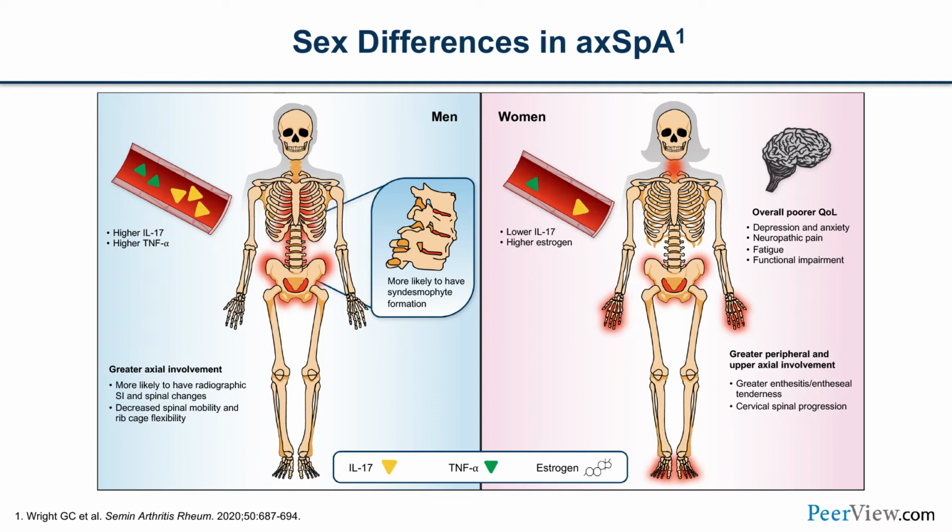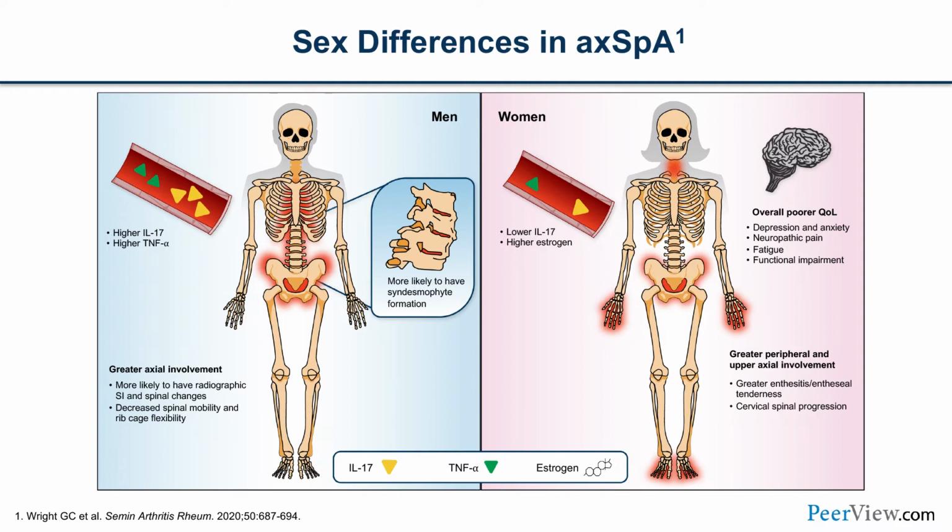Women have more cervical spine involvement than men do. Women tend to have greater enthesitis and dactylitis and have more widespread pain. There are also different clinical features, including women having poorer quality of life, more intercurrent mood disorders, fatigability, and generalized pain.